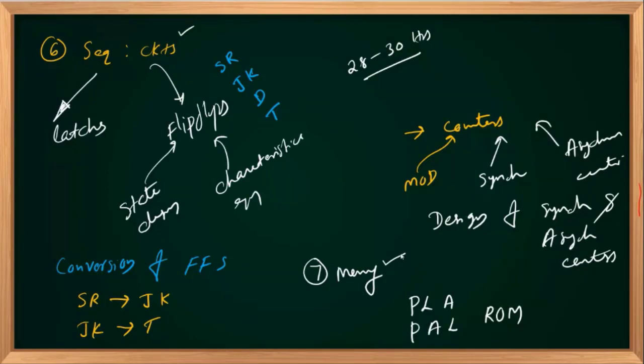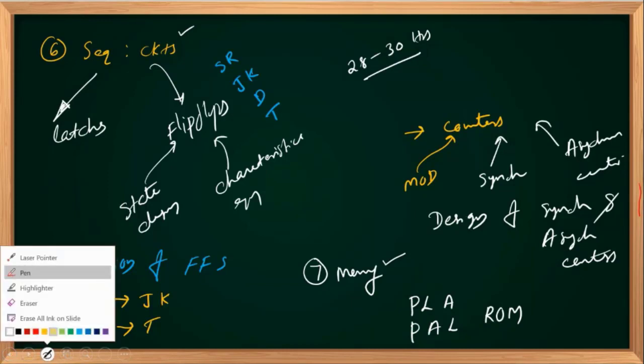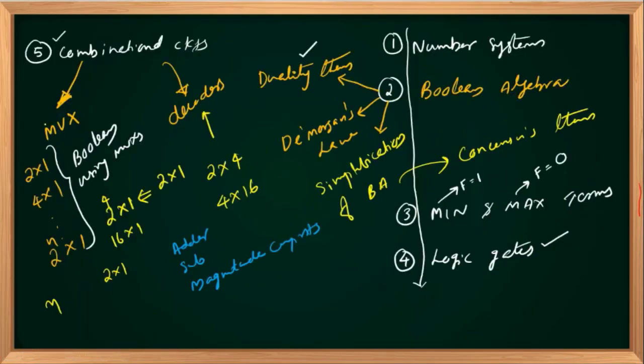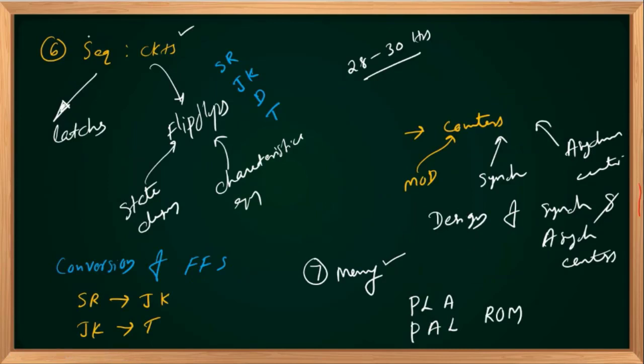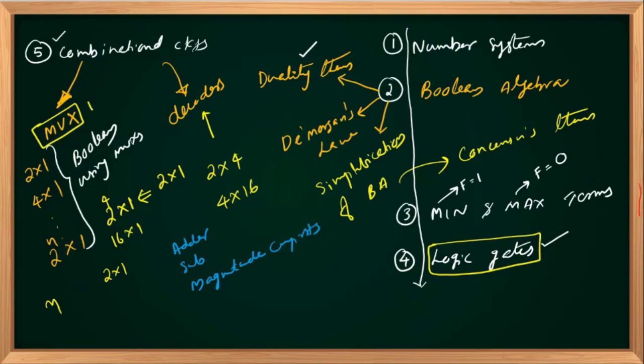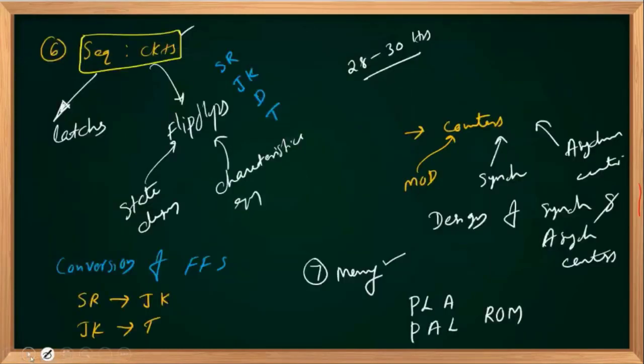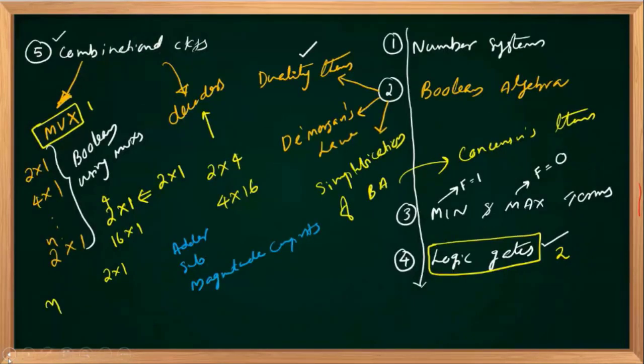And the most important topics under this subject are multiplexers. Then comes logic gates. Then comes sequential circuits. All right, so let me number it. 1, 2, 3, and the fourth one is number system.